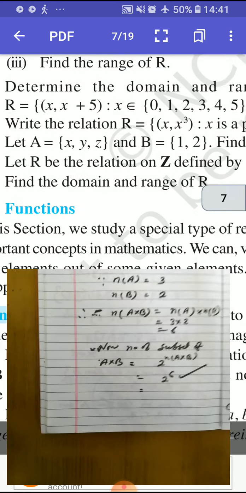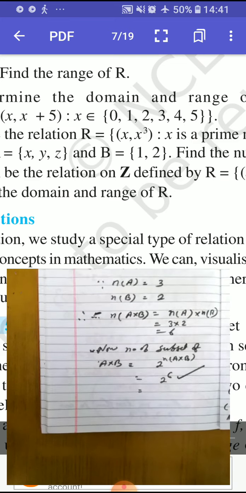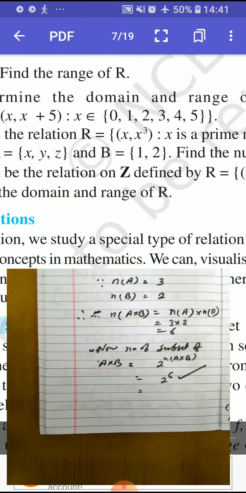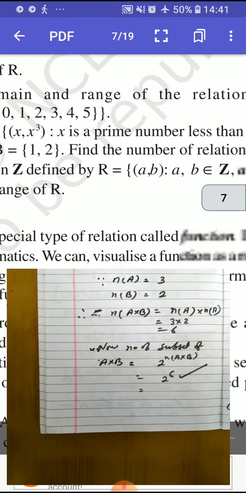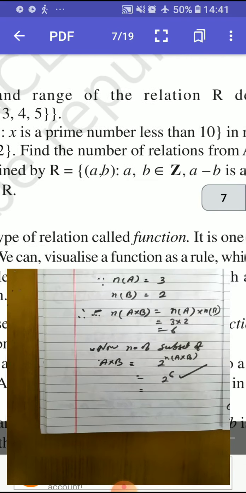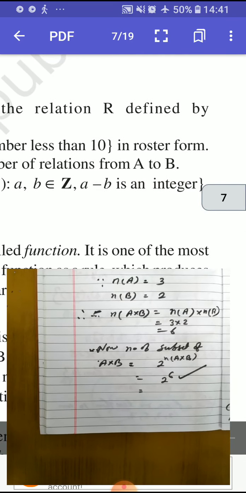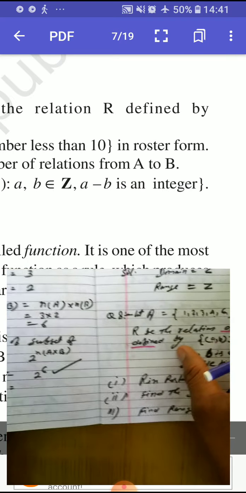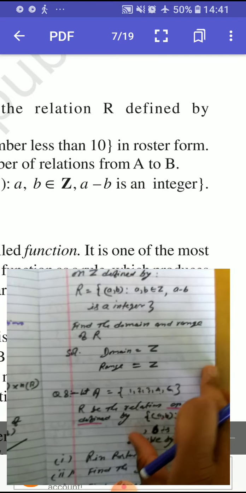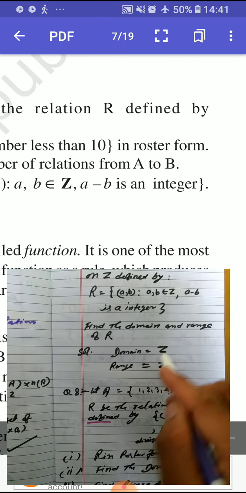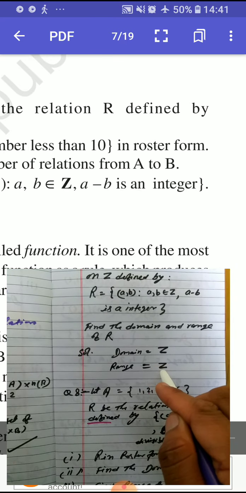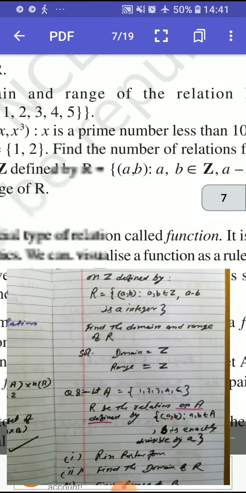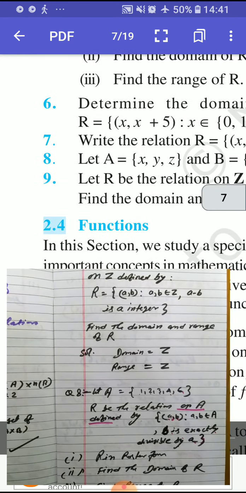Find the domain and range of R. So my dear student, in this question, since the relation is integer to integer, you can write that since the difference of integers is also an integer, the domain will be the integers and the range will also be the integers, right? I hope you understand this.